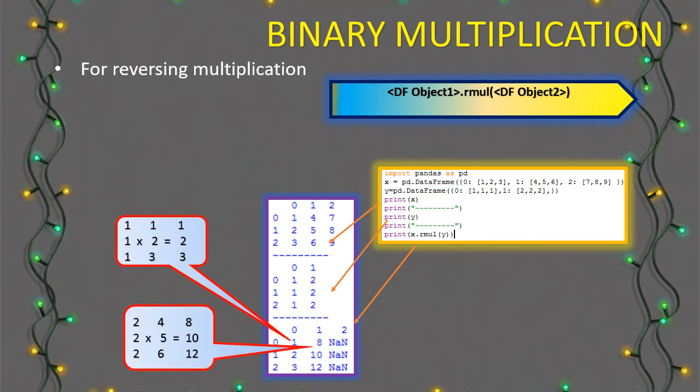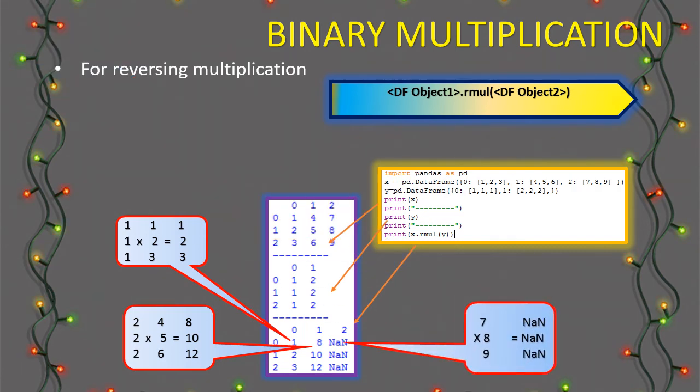And next, the second column of y multiplies with the 4 5 6 of the x data frame first column label, so you get the result. But for the third, there is no matched data, so it returns Not a Number, because y contains only 2 columns and x contains 3 columns, so the result is Not a Number.